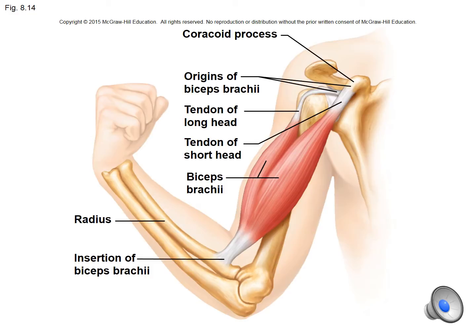Oftentimes the origin of the muscle will be more proximal or superior, and the insertion point more distal or inferior. But the technical definition is that the insertion is the more movable end, and the origin is going to stay where it is.